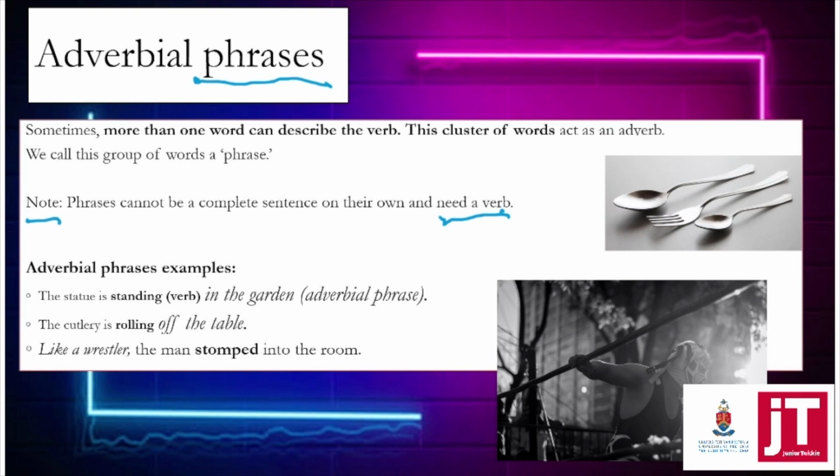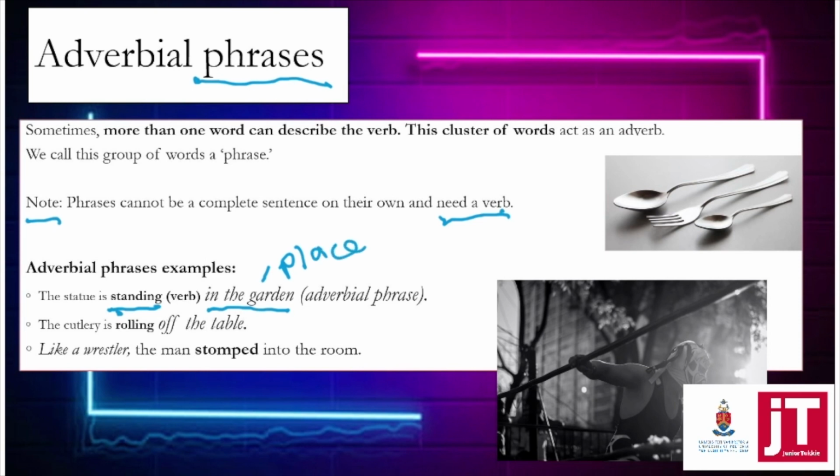The statue is standing in the garden. Standing is the verb, okay? In the garden is the adverbial phrase. What would you say that adverbial phrase is? It's telling us where something is standing, of place. It's an adverbial phrase of place.